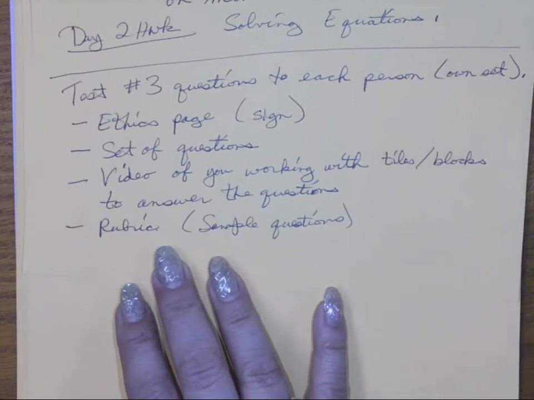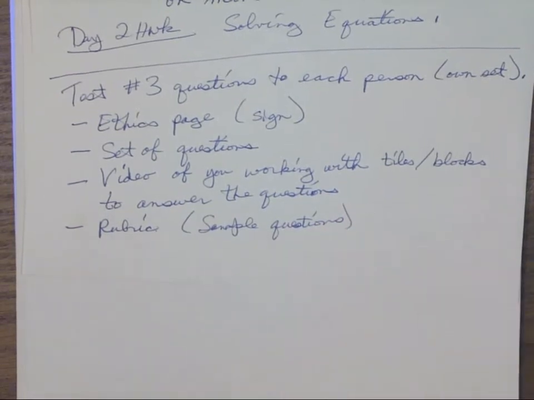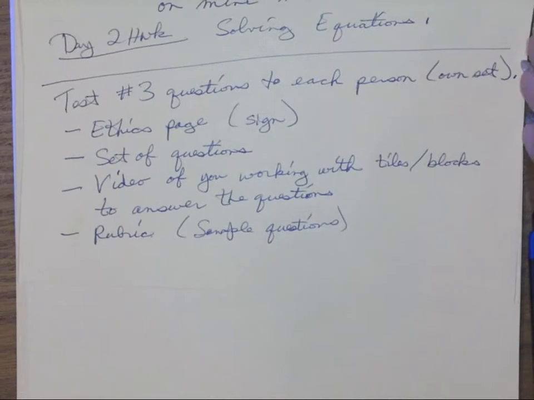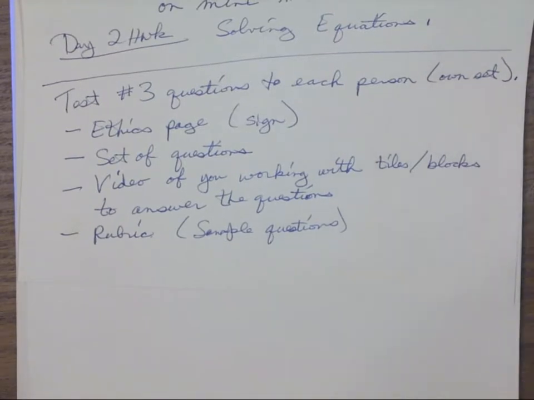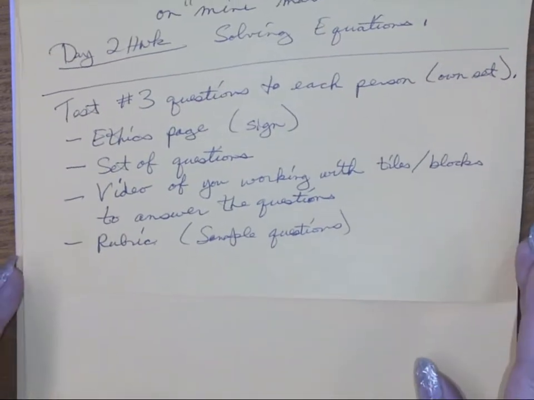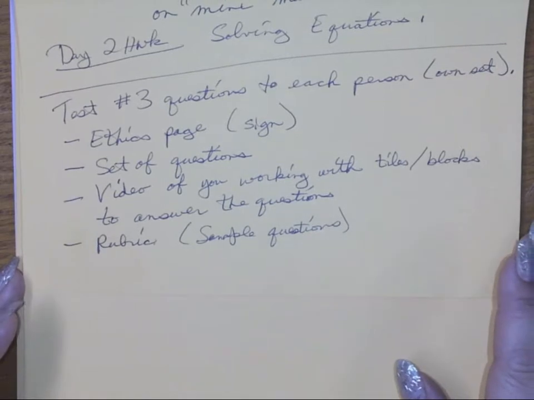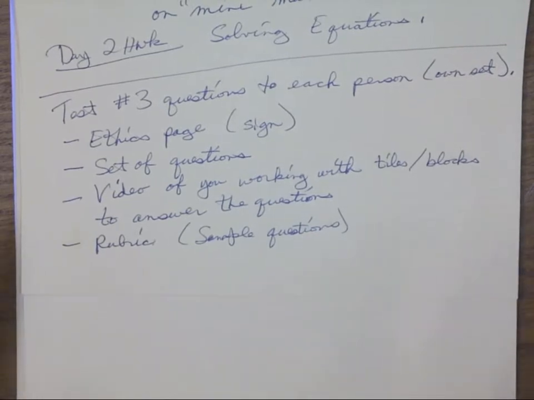Maybe they're extremely neat, whatever. Anything that I think is extra, it was kind of above and beyond the call of duty, and I wasn't expecting it. That's why it's extra. Those might earn you a little bit of bonus points. But it's okay if you don't do extra, because it's just extra.